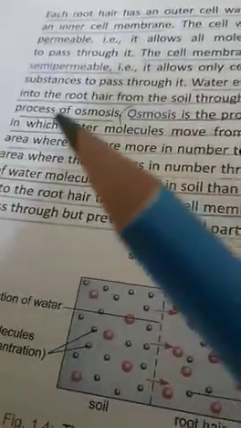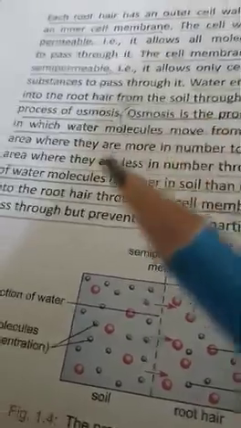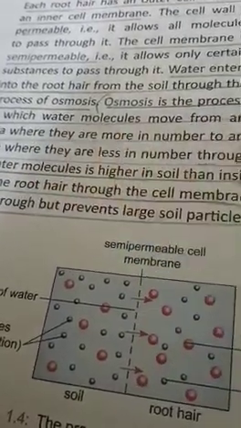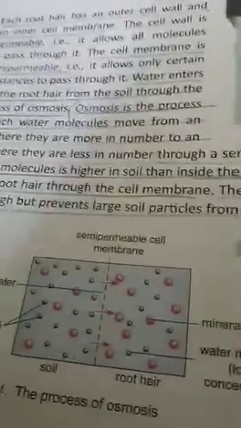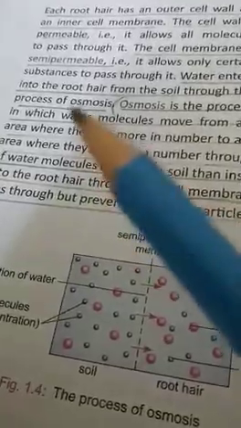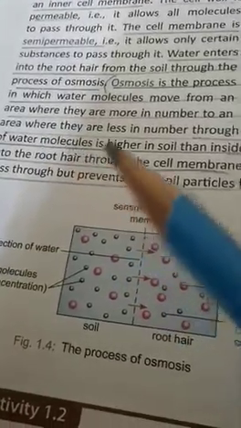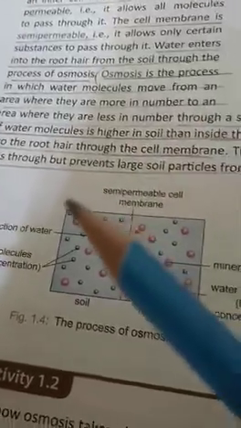Now water enters into the root hair from the soil through a process called osmosis. Now what is osmosis? Osmosis is the process in which water molecules move from an area where they are more in number to an area where they are less in number through a semi-permeable membrane. Normally, the concentration of the water molecules is higher in soil than inside the root hair.